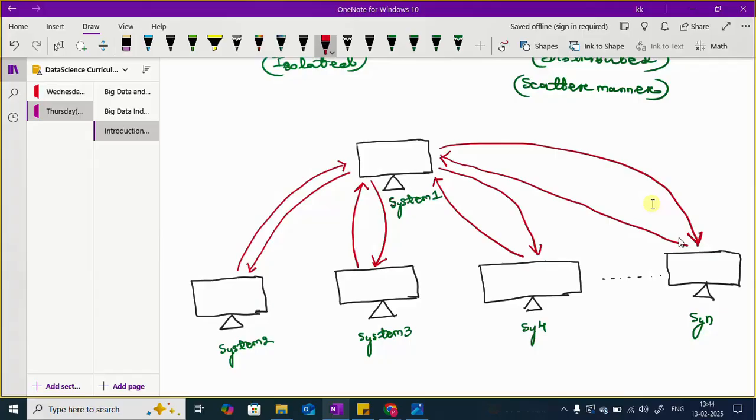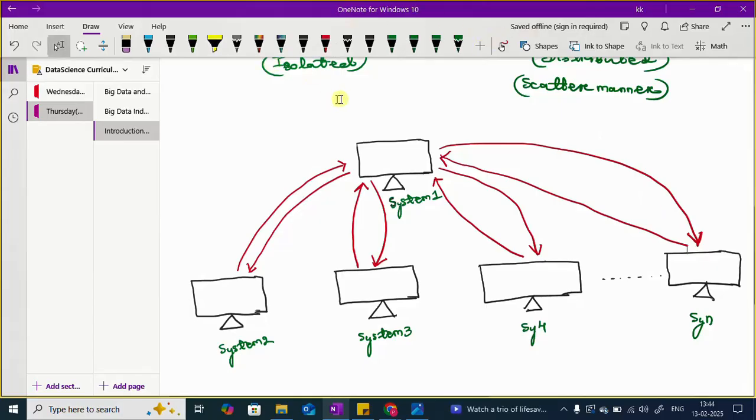So guys, what happens? You can see one central computer or system is interacting with different systems, and there is no communication between these systems. There may or may not be, but that is not important for me. What is important? One central system is controlling all other systems. That means this is the typical architecture of a distributed system.